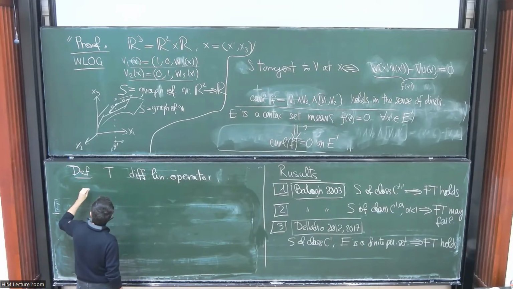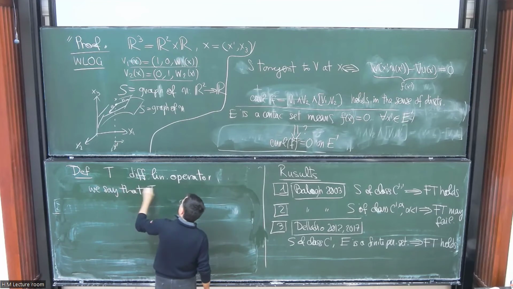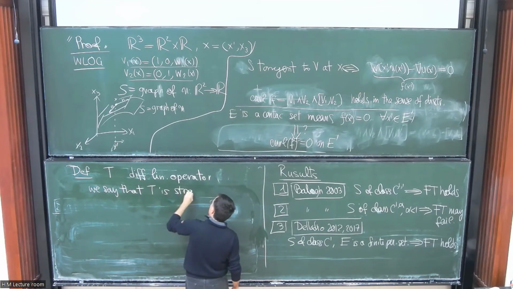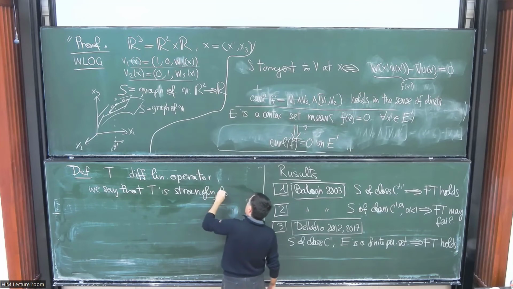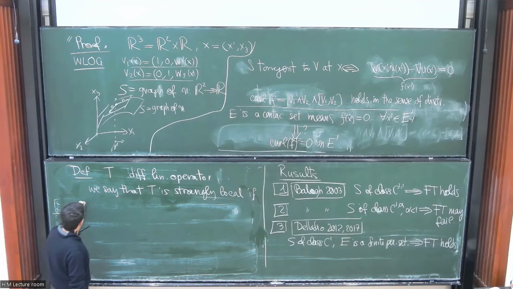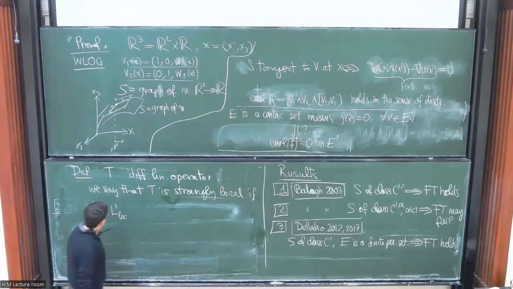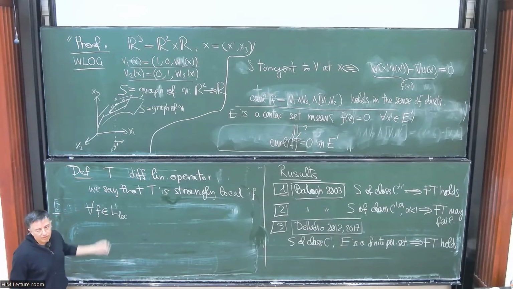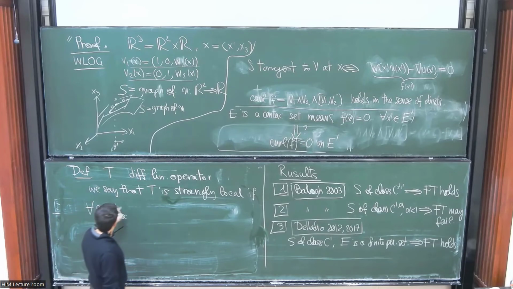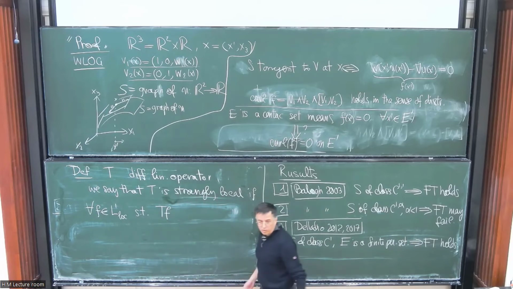So we say that T is strongly local if the following holds. For every function f, let's say in L1 loc, such that the operator T of f, computed as a distribution, is also in L1 loc.